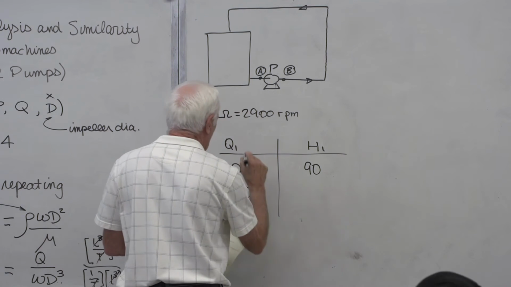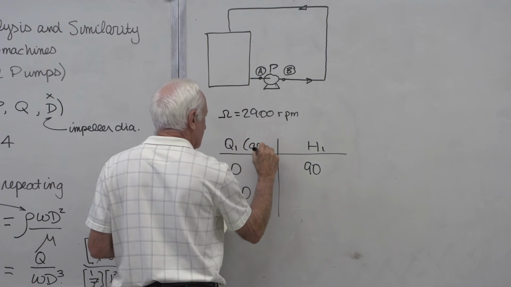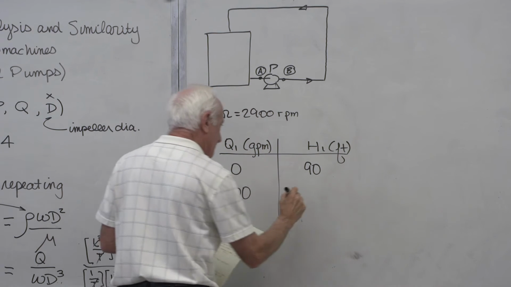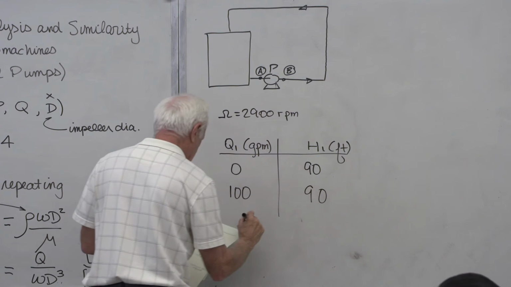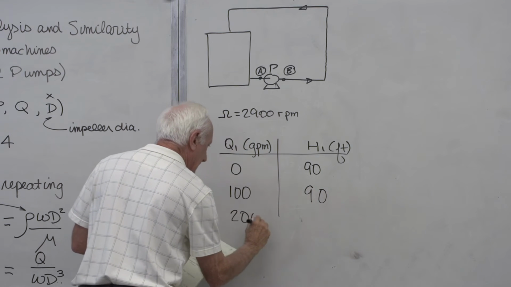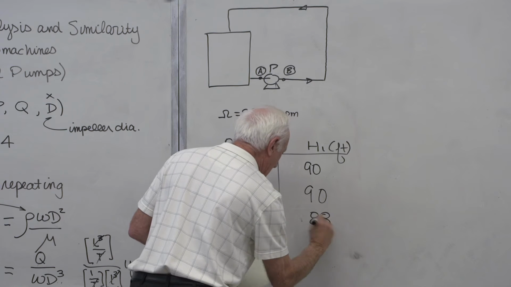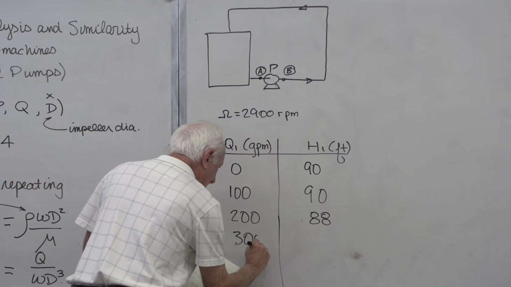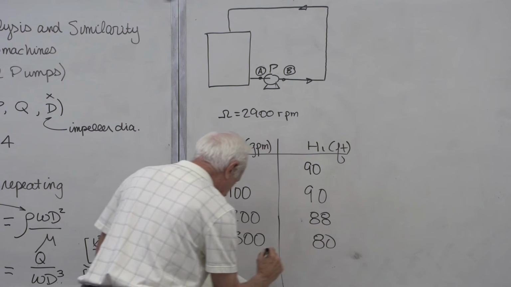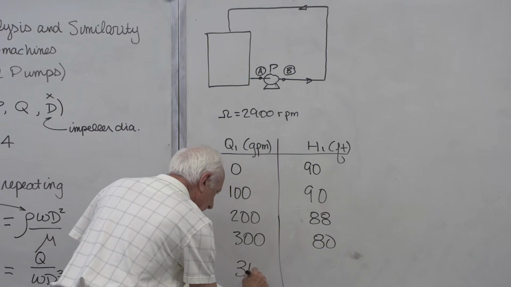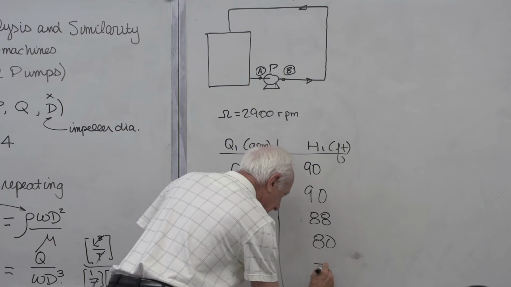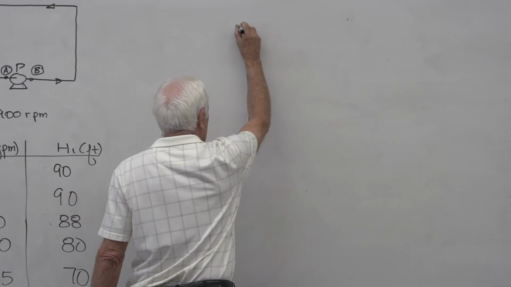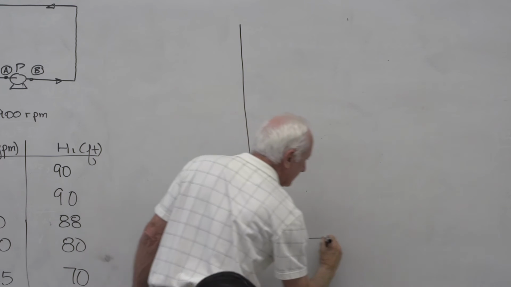The flow rate, we'll call GPM, and the head will be in feet. 90, still 90, 200, 88, 380, 365, getting to the maximum flow rate, 70. So when I plot that, it looks like this.